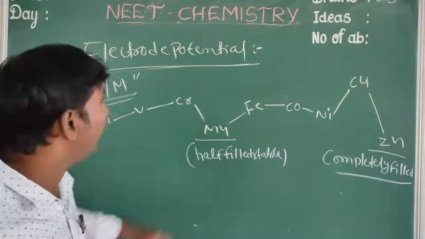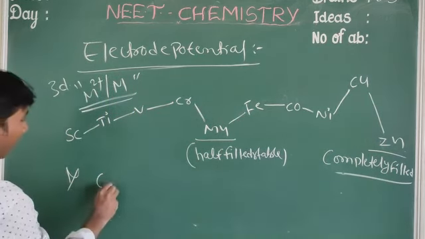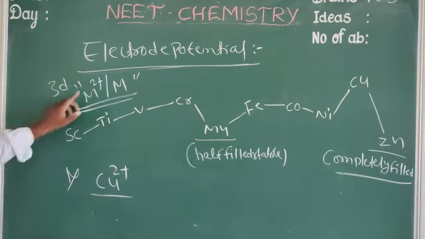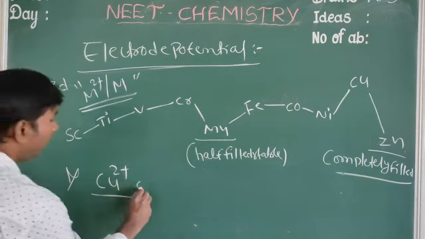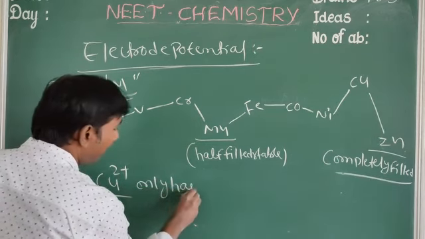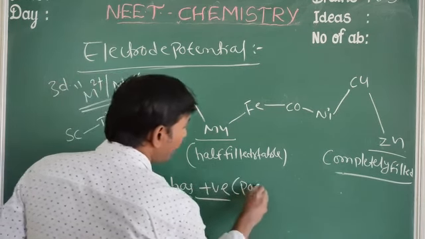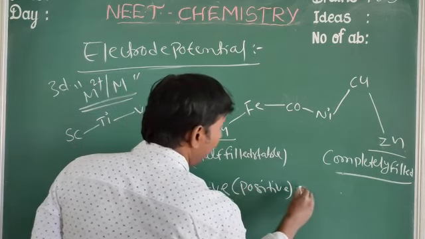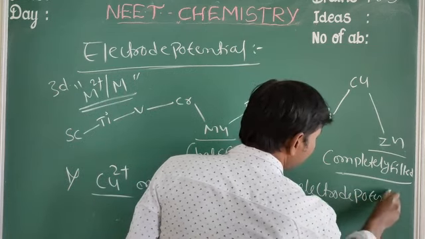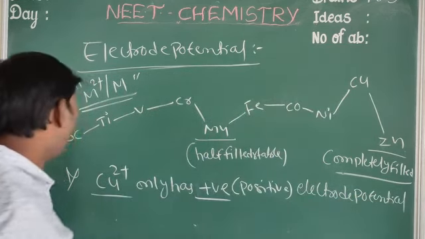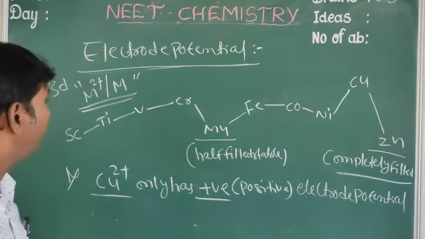Among the 3d series, only copper, Cu2+ to Cu, for M2+ to M, has a positive electrode potential value.